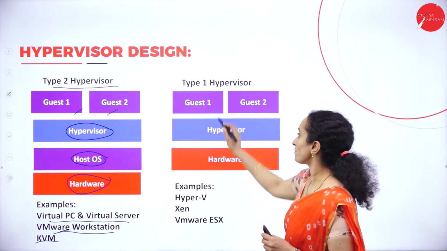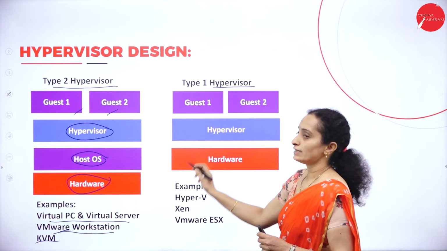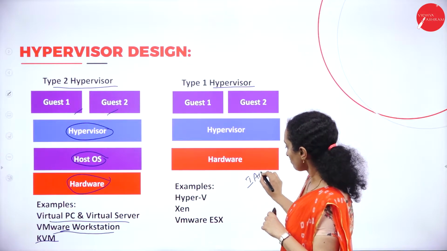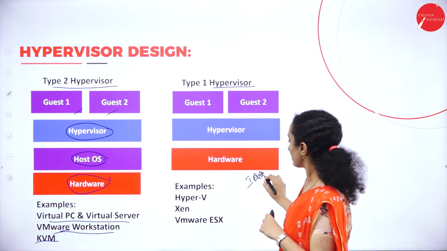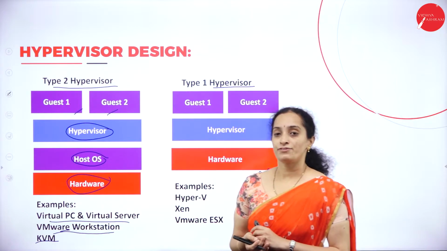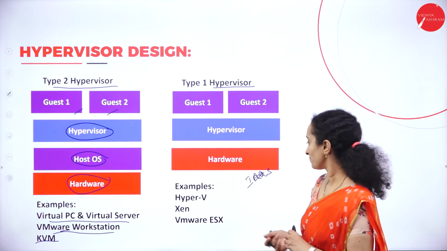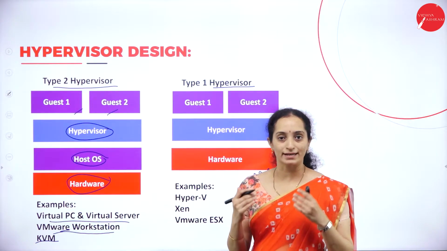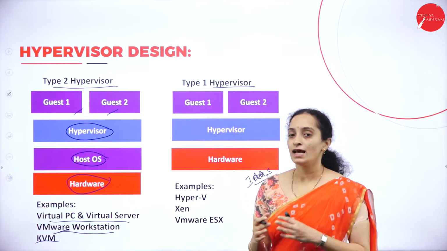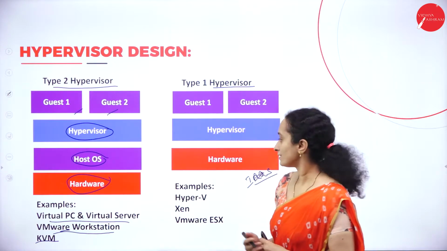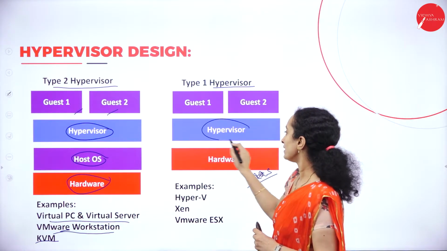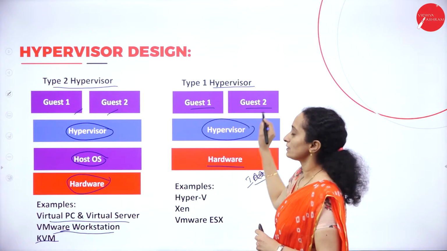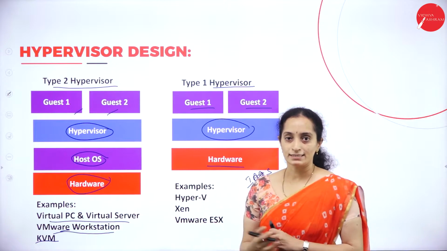Another type of hypervisor is where it is IaaS, that is, infrastructure as a service. In IaaS, there will be no operating system. Hardware instances are directly created and given to the clients, where the hypervisor interacts between the hardware and the guest or client server.